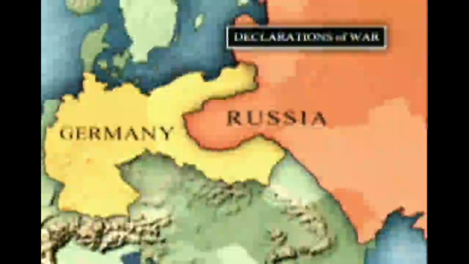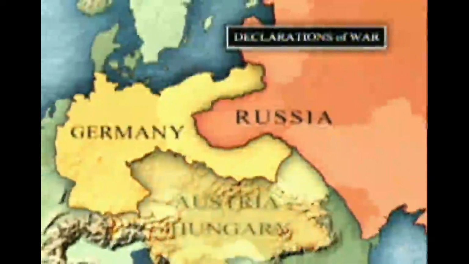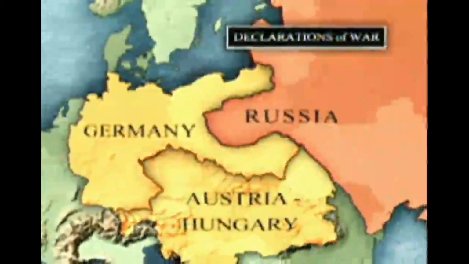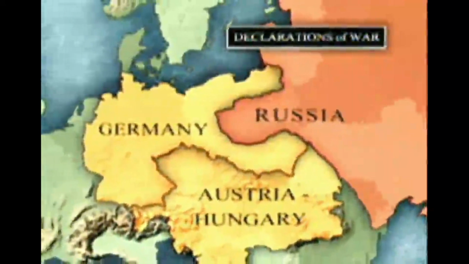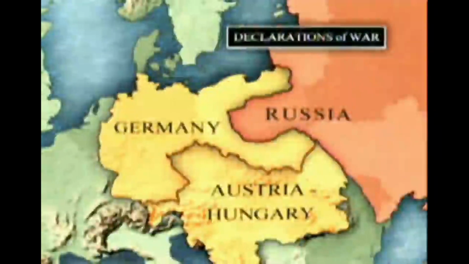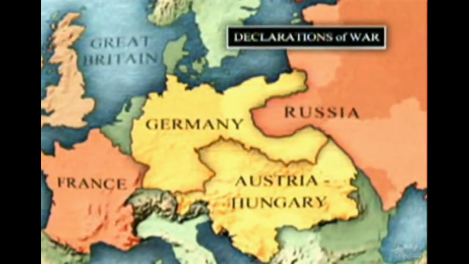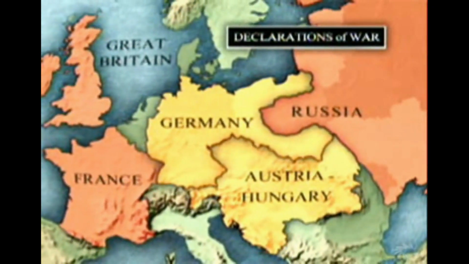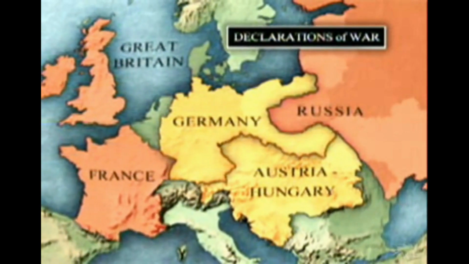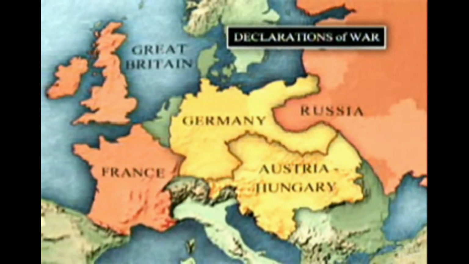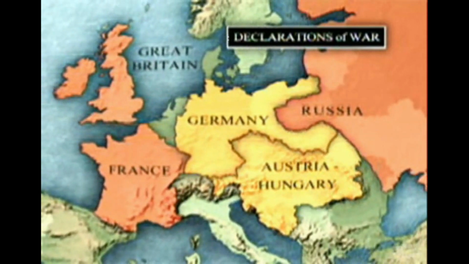Germany, who was obligated by treaty to support Austria-Hungary, declared war on Russia 2 days after that. Subsequently, Germany declared war on Russia's ally, France. And 1 day later, Great Britain, who had a treaty with France, declared war on Germany and Austria-Hungary. World War I had begun.